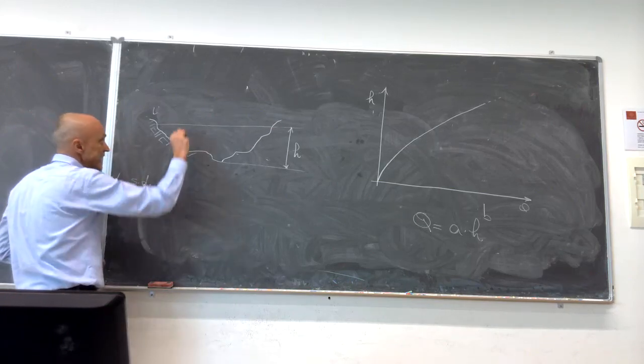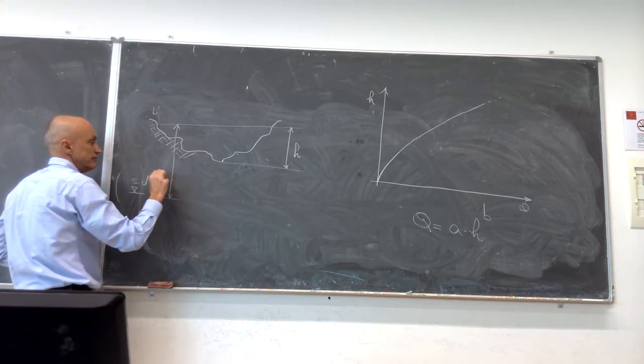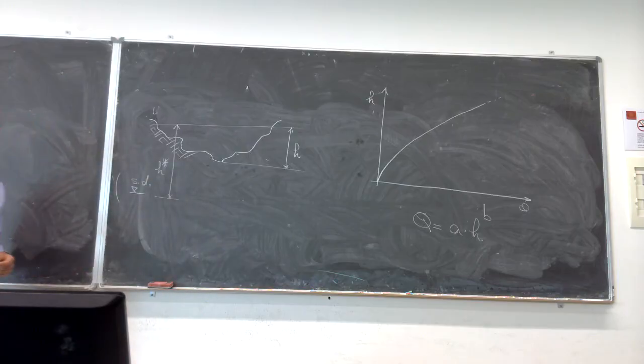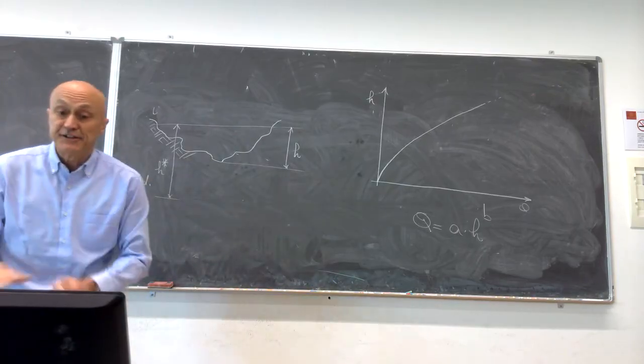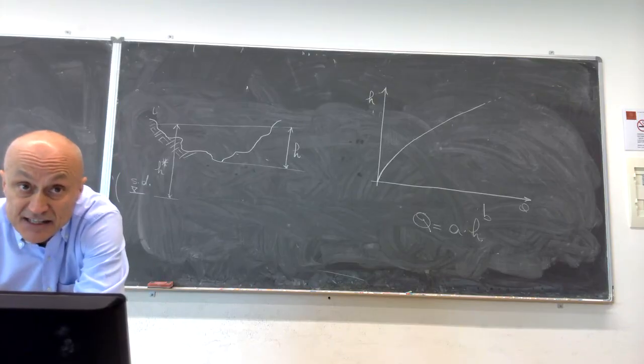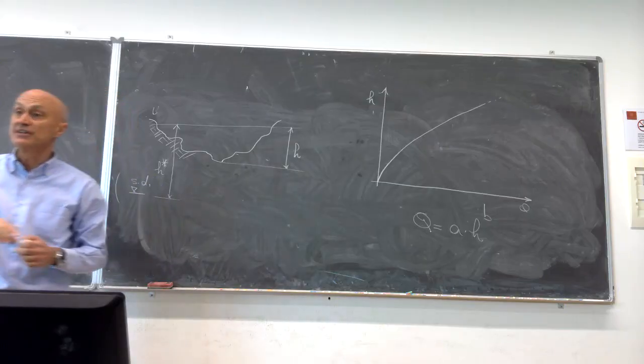The other term that appears here, H0, is nothing else than the elevation of the riverbed relative to the same conventional datum. So this is H0. So the two expressions are exactly the same.